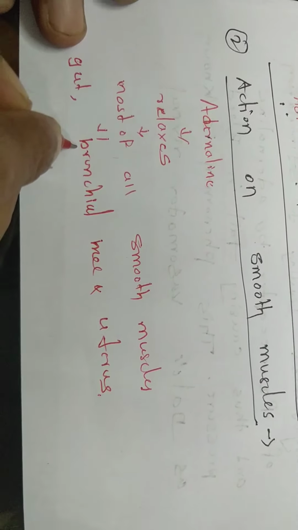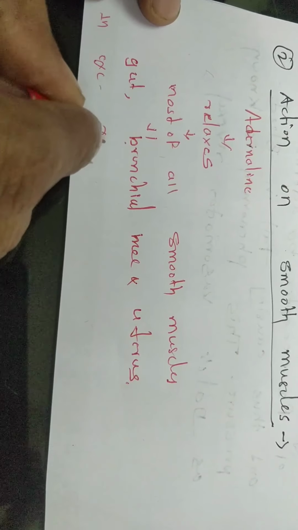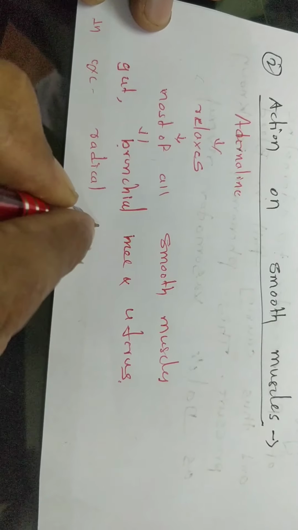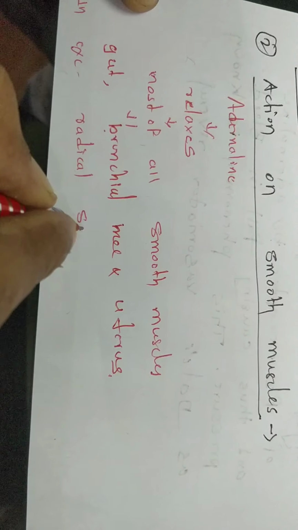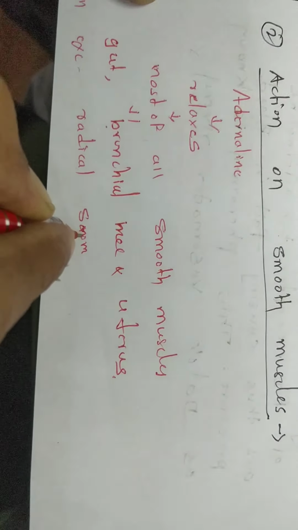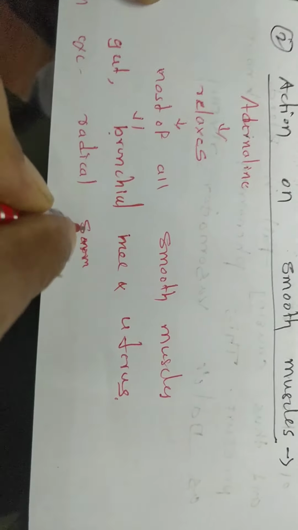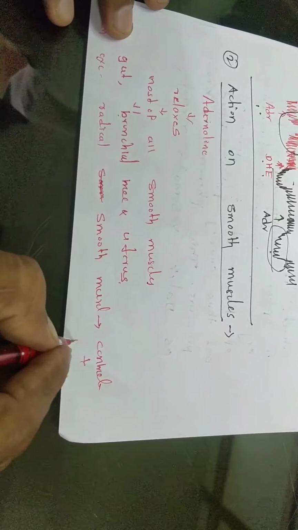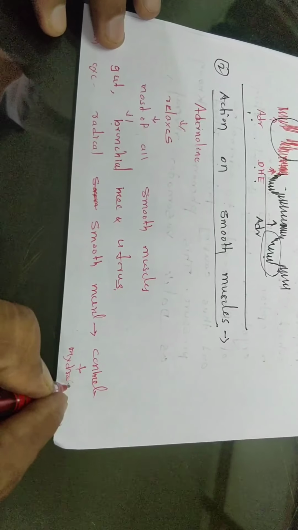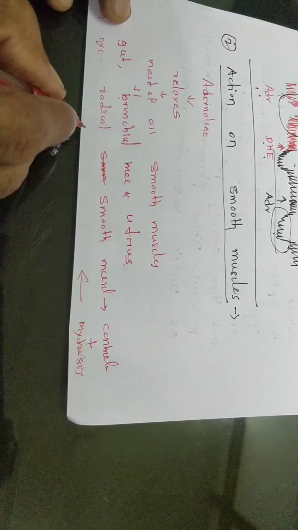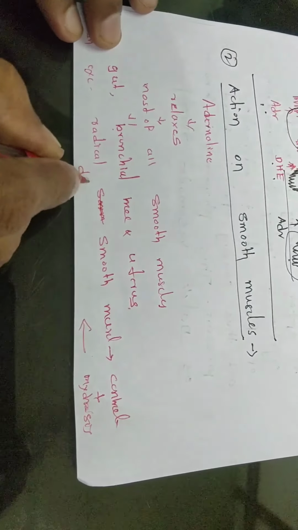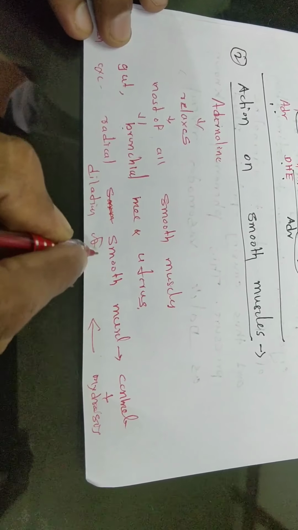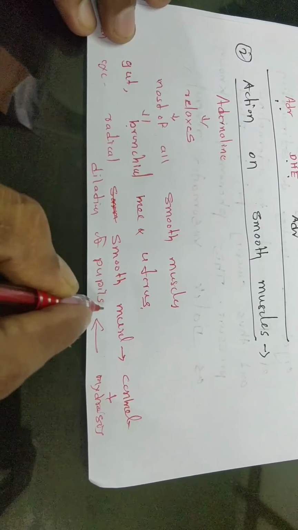Radial muscle in the eye, however, contracts. Radial smooth muscle contracts and it produces mydriasis, that is dilation of pupils.